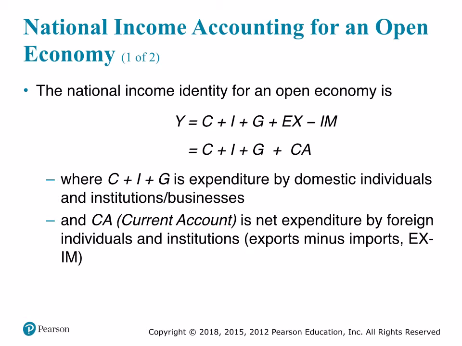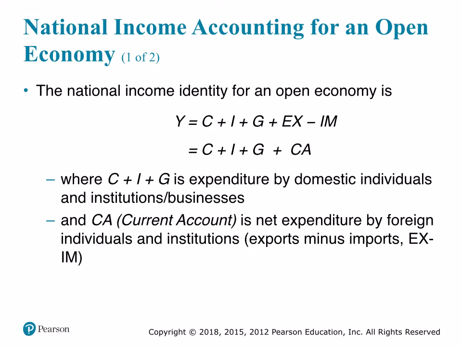So let's go over this formula again. Y here stands for national income for an open economy. C is consumption, I is investment, G is government expenditures. You need to add to that the CA, the current account, which we find according to exports minus imports.